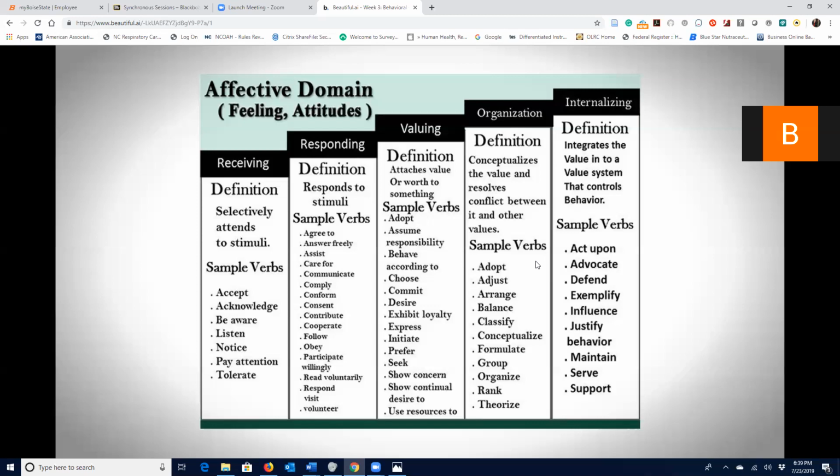And of course, what I see on my end now are violations of the affective domain almost 90% or more of the time. And it comes from starting out with very bad habits, because in school, oftentimes, they are not really pushed on the affective domain like they should be.